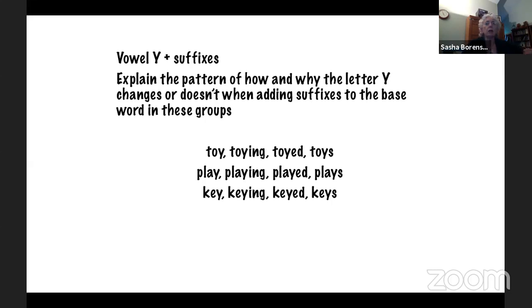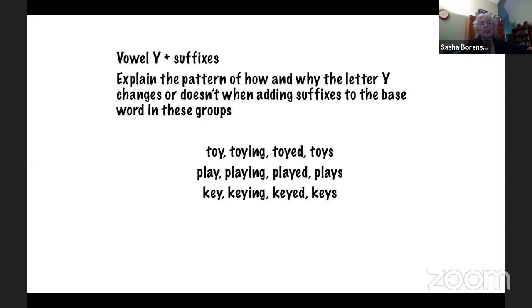So now I want to go on to the second part of this Y rule. And this is a little different, because when you have a vowel in front of the Y, the vowel and the Y are part of a diphthong or a digraph. And when the Y is part of a diphthong or a digraph like OY, AY, EY, we do not change the Y to an I. We just stick on the different suffixes.